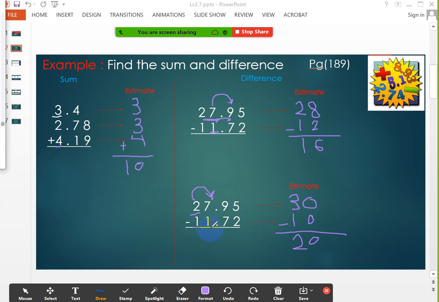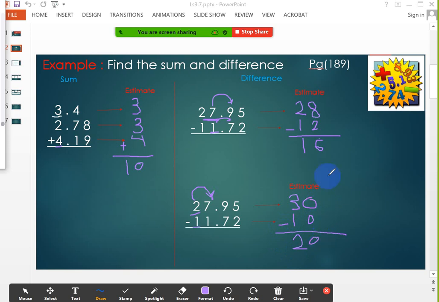And when I round 11.72 to the nearest tens, the number becomes 10. So the estimate will be different because the rounded numbers will be different.